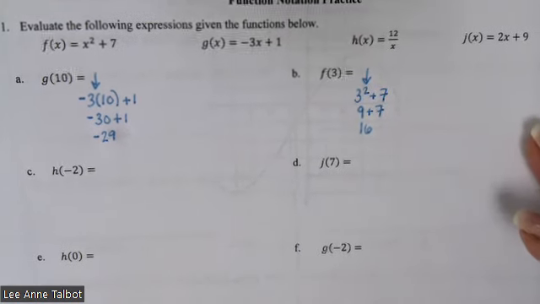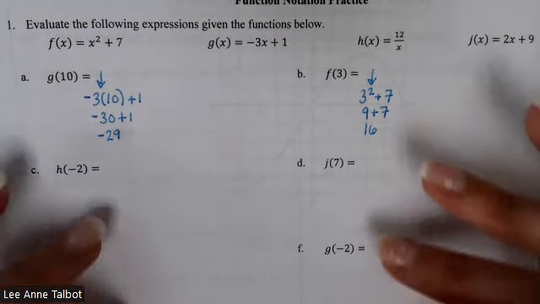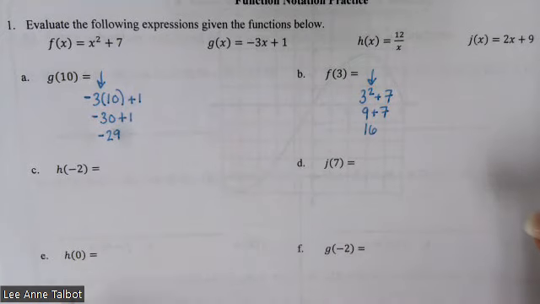Okay, can you guys take 3 minutes and do C, D, E, and F? We're going to do the whole worksheet today, starting it together for each one and then letting you finish it as a group.